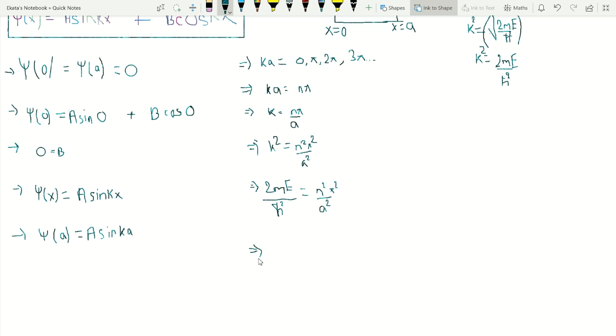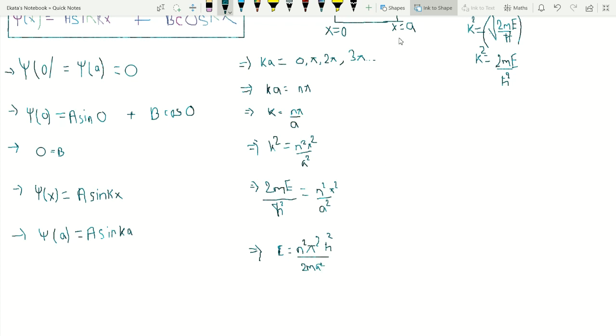What we will get is that energy is equal to n squared pi squared h bar squared, the reduced Planck constant, divided by 2ma squared.